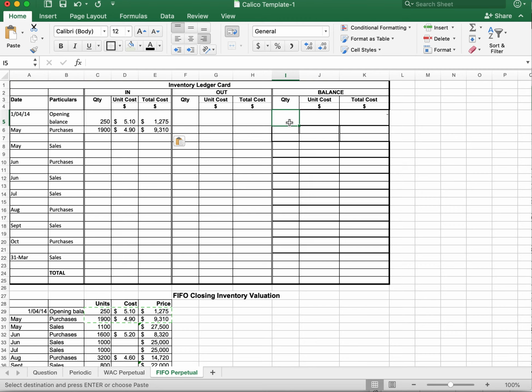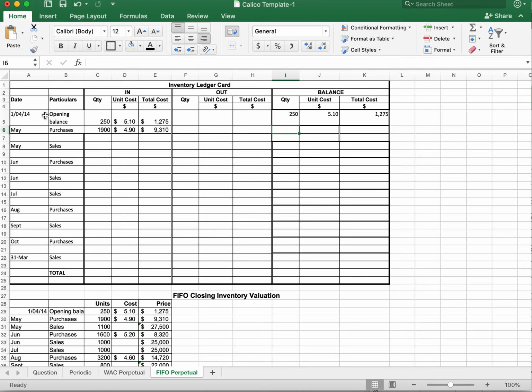So we started with 250 at $5.10 each, and that gives us the total cost. Then we bought another 1900.